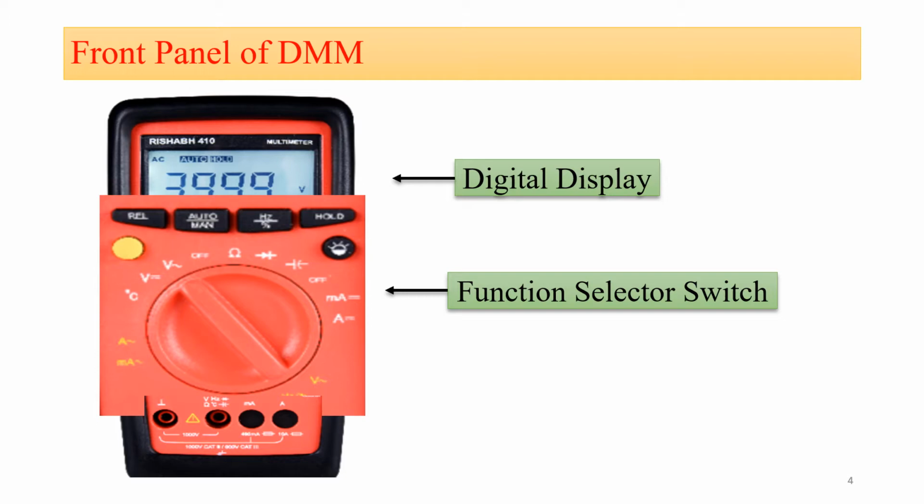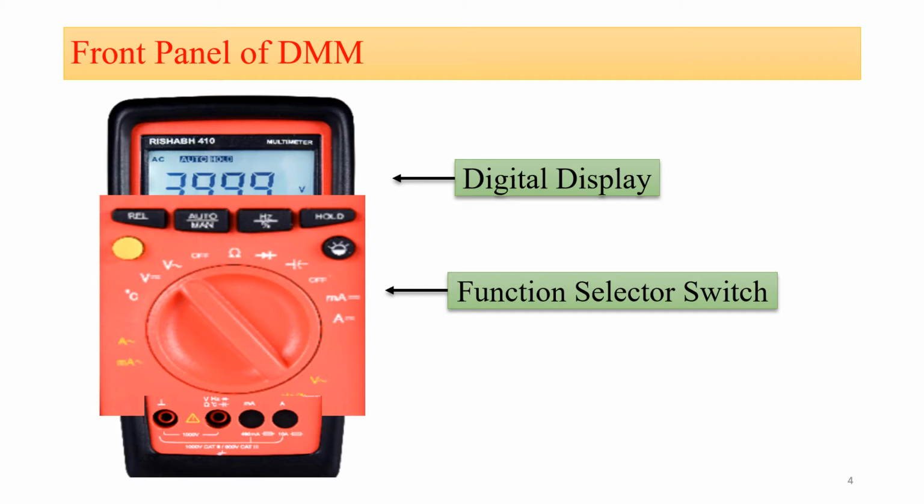If you see the function selector switch, its position is at the voltage, but the AC voltage. Now what is the function selector switch? It selects which quantity we are going to measure.